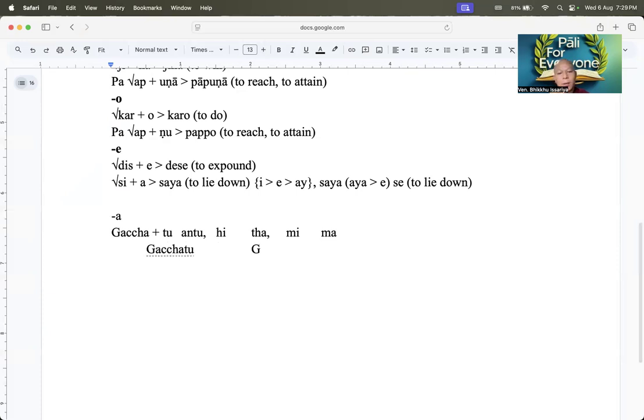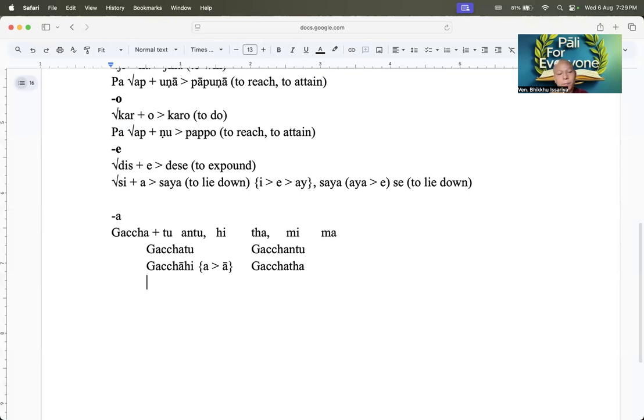And then gacha do, you see, and then gachehi, but here, R is changed before the he. So that here should be gachahi. And then here for plural, gachata.